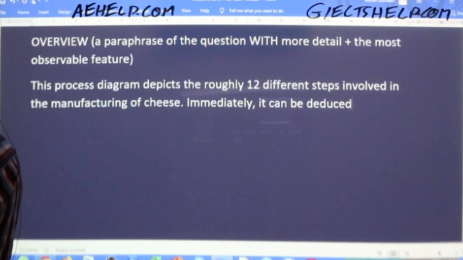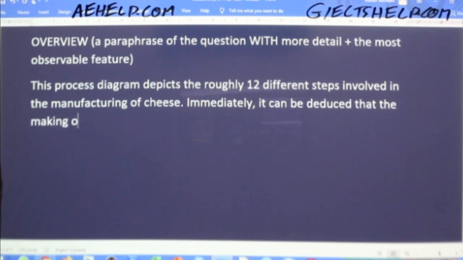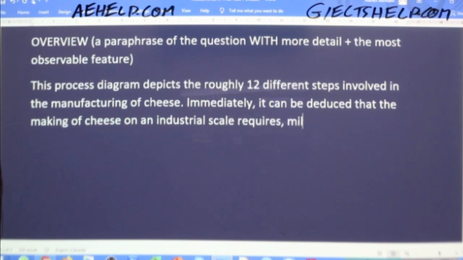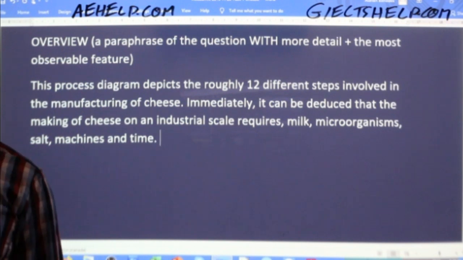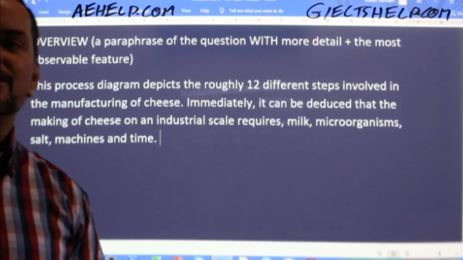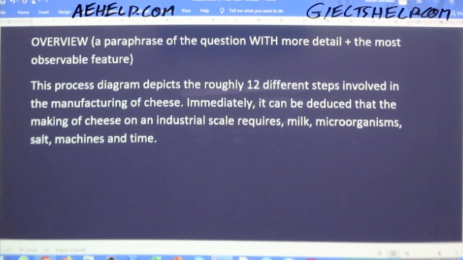That the making of cheese on an industrial scale requires milk, microorganisms, salt, machines, and time. Okay. That's what I would write for my overview.